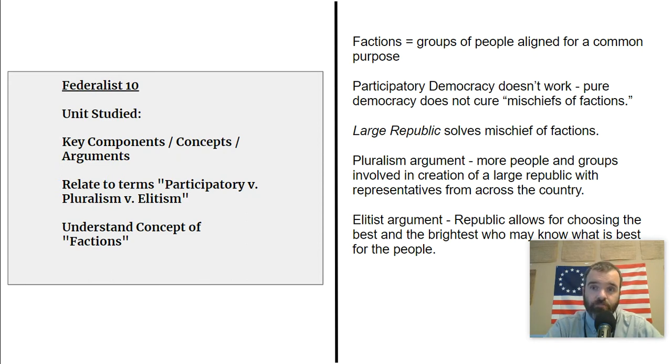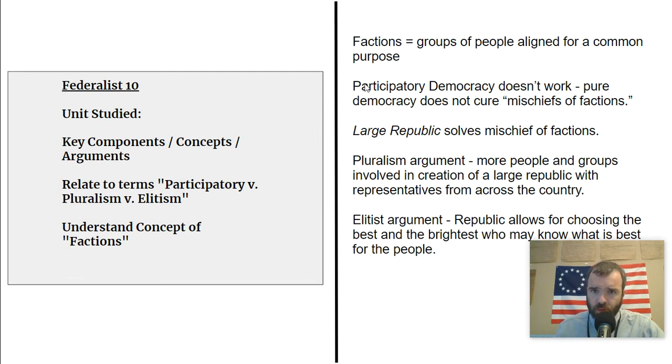So Madison argues that you can't get rid of factions, but you can control factions. That's the key in Federalist 10: the mischiefs of factions, the bad things that factions can do, like taking away rights from people, can be controlled by the political system that the Constitution set up.